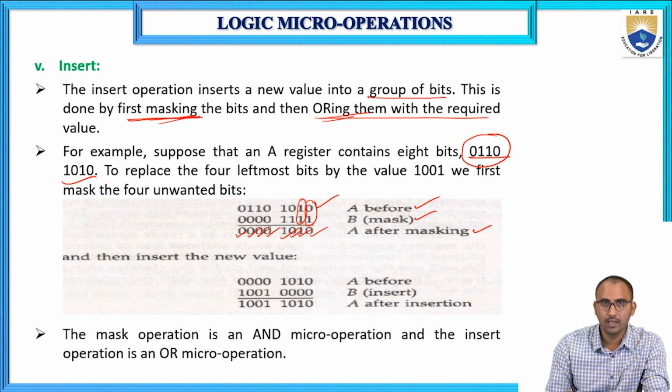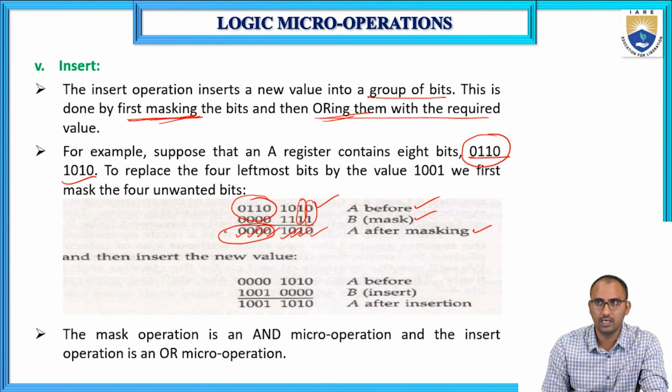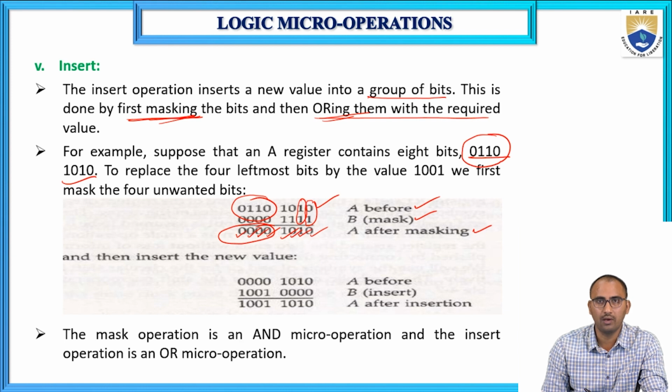So actually the upper 4 bits of the A register would be 0110, but after performing the mask operation, they are replaced with zeros. That is masking. After masking, we are inserting a new value.